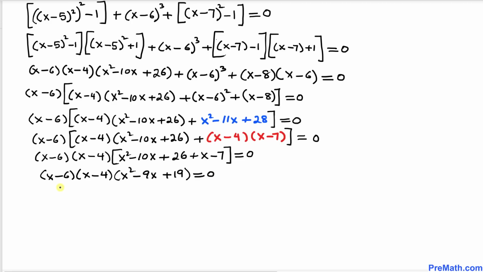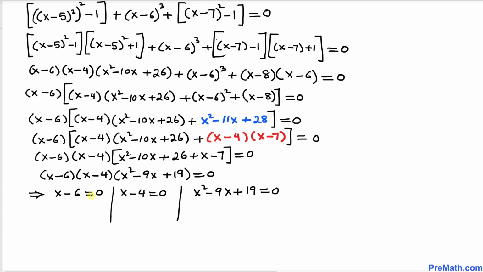And now let's go ahead and split these factors as they're equal to 0. I can just simply separate them. I can put x minus 6 equal to 0. The other one is x minus 4 equal to 0. And the last one is x squared minus 9x plus 19 equal to 0.